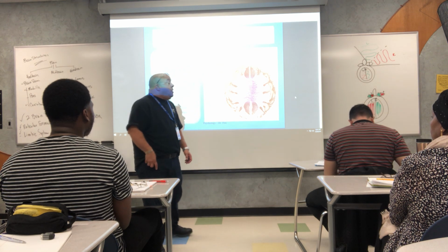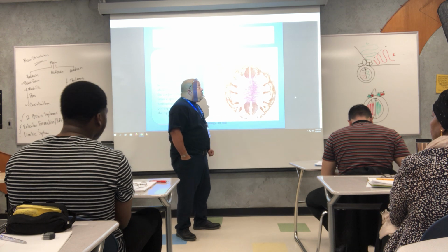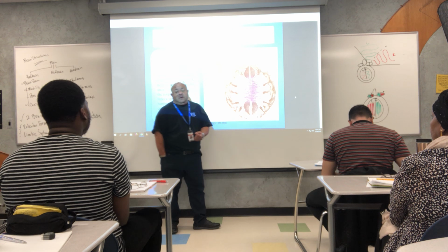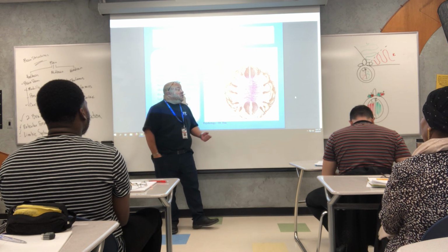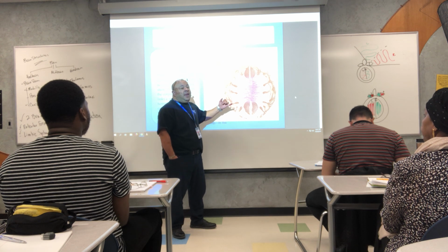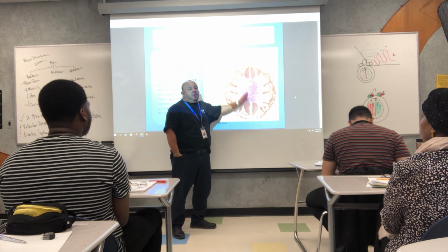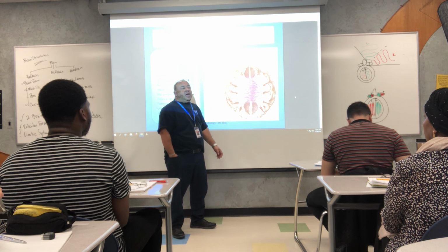So Sperry had some patients who were having very severe seizures and were not showing enough improvement with medication. So he asked them if they would let him cut their corpus callosum in half, just cut it open, so that one side of the brain was not communicating with the other side.